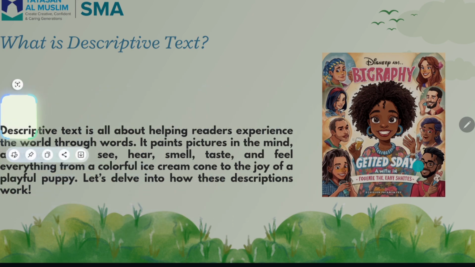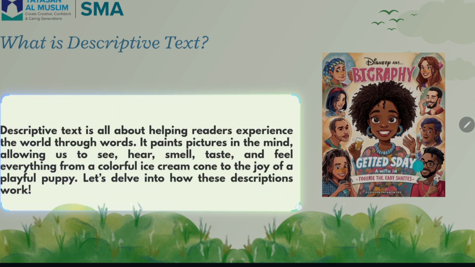The definition of the descriptive text here is the text which is talking about something that allows us to see, hear, smell, taste, and feel everything, from a colorful ice cream cone to the joy of a playful puppy.